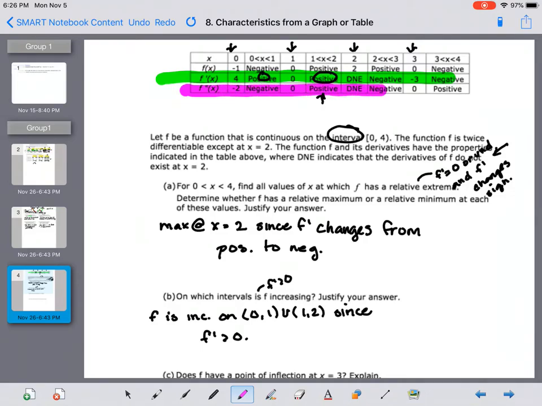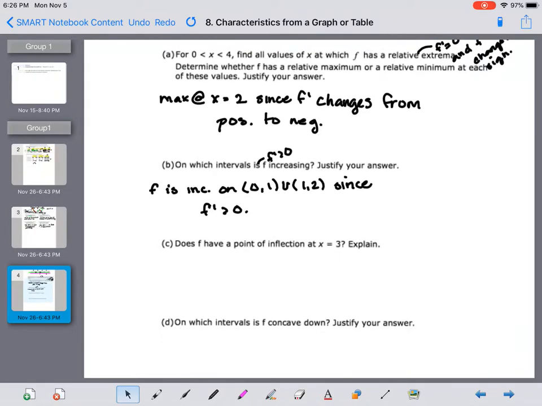So now I'm looking at the purple line. And I want to specifically look at x equals 3, which is that column right there. So if I look to the left, it's negative. If I look to the right, it's positive. So there's a sign change, and my second derivative is equal to 0 there. Therefore, it is a point of inflection.